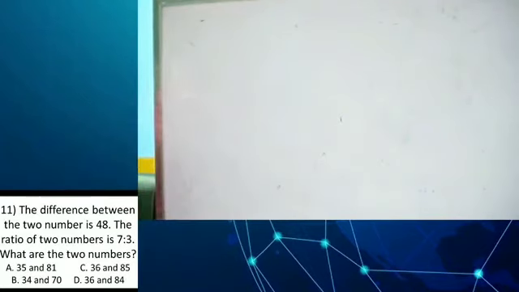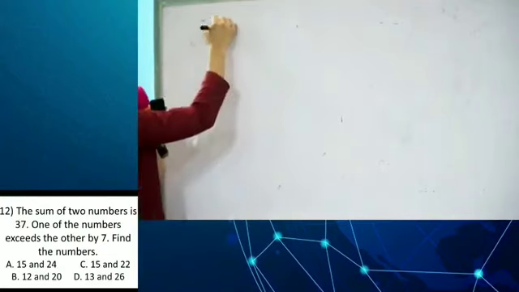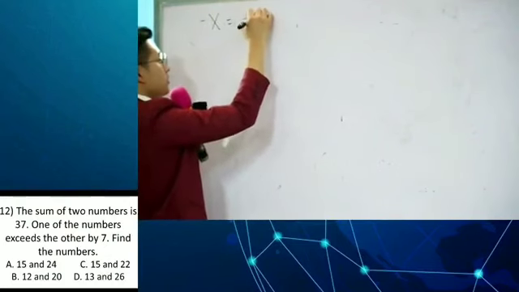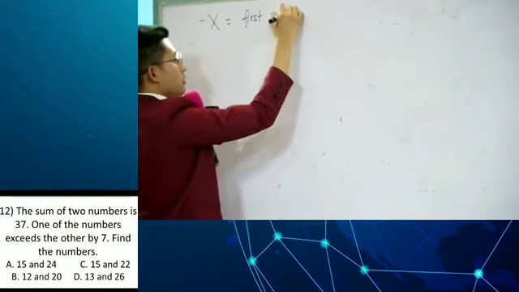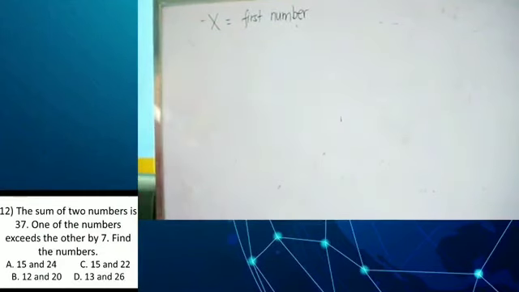The sum of two numbers is 37. One of the numbers exceeds the other by 7. Find the numbers. So ilet natin yung first number natin as x. Ulit, so x be the first number. So pag nag-practice naman kayo na nag-practice ng ganitong type of question, masasanay na kayo.